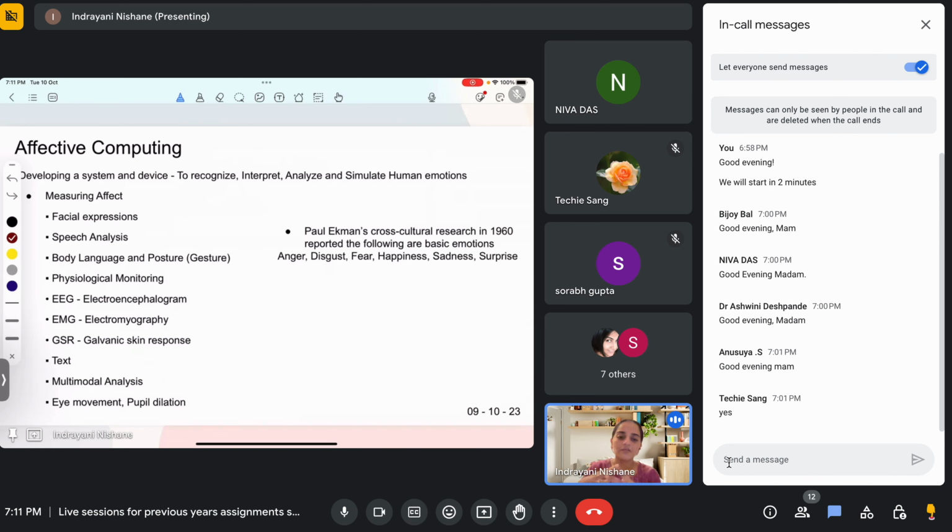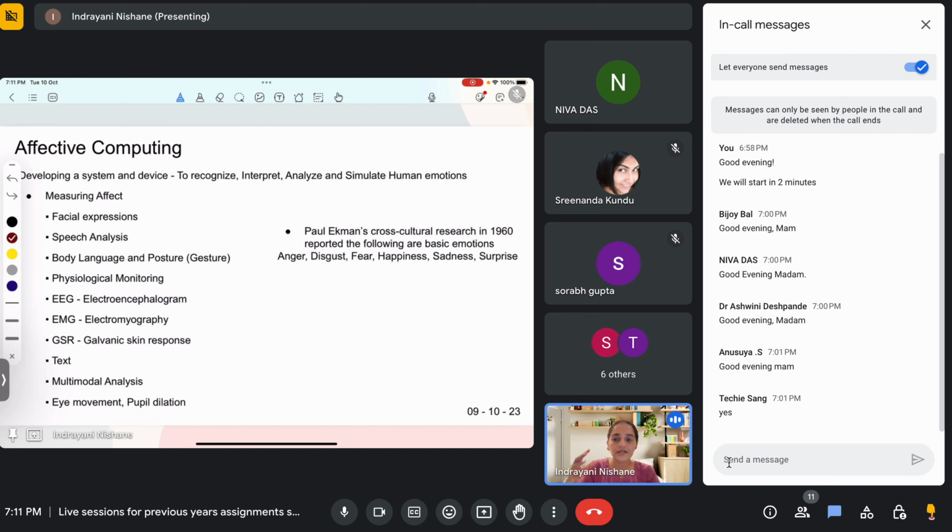So how do we measure affect or emotional state? There are different ways listed here, through different sets of sensors like EEG, EMG, GSR, or text. Through textual data we can also do emotion detection, and of course multimodal data analysis, where all the different modes of data are considered together: text data with facial expression data, with speech, what they are speaking, and posture or body language.